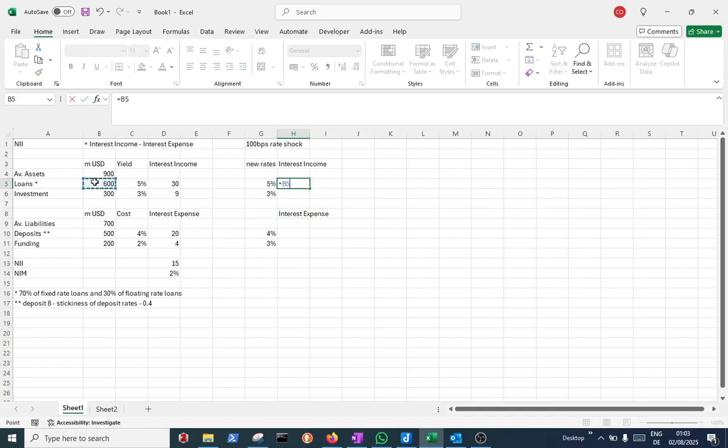So 6 by 5%, we will get slightly higher profit from loans, the same income from investment. And what about expense?